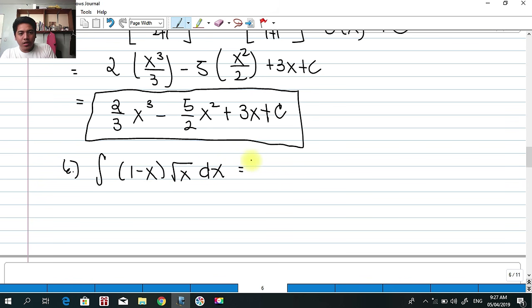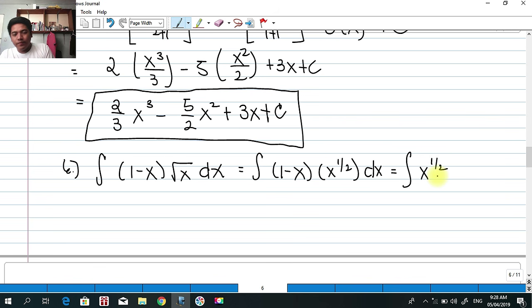Again, when you see a radical function, we're going to convert it into an exponent. So square root of x is simply x raised to 1 half dx. And probably you can distribute this x raised to 1 half on the other side, 1 minus x. So that should be x raised to 1 half minus x raised to 1 half times x.